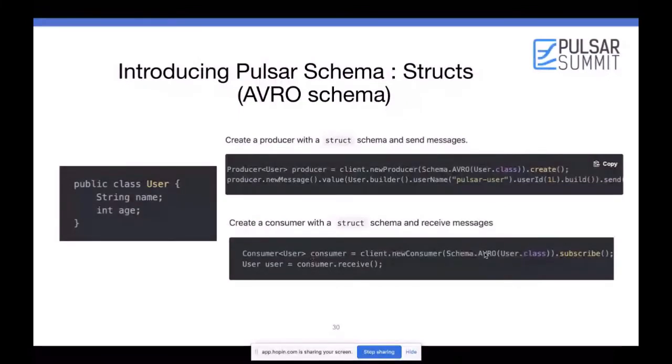On the consumer side, you could say that I want to use Avro, because you used Avro to produce, and like you said in the producer, you will say that I want to use this schema. This schema again will be stored in the consumer application itself, and when you consume on this consumer, you actually get a user object, which you initially sent here.